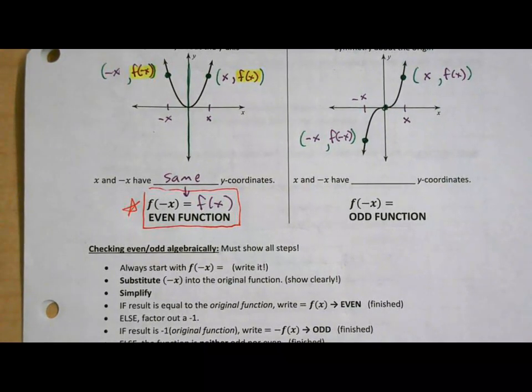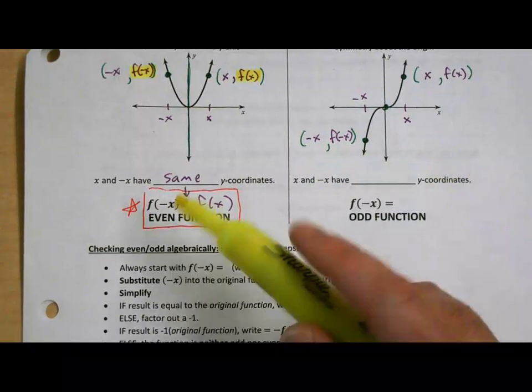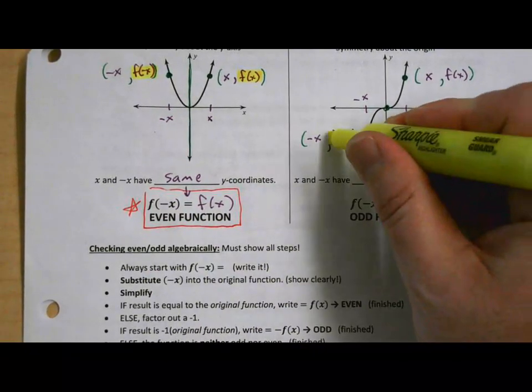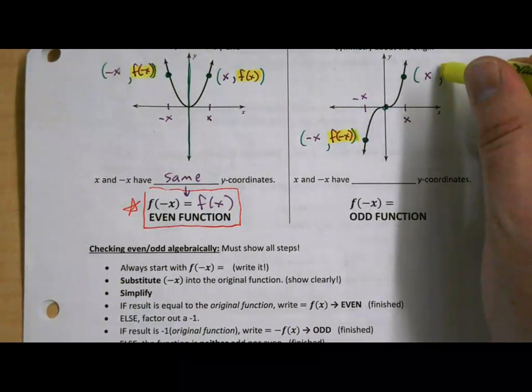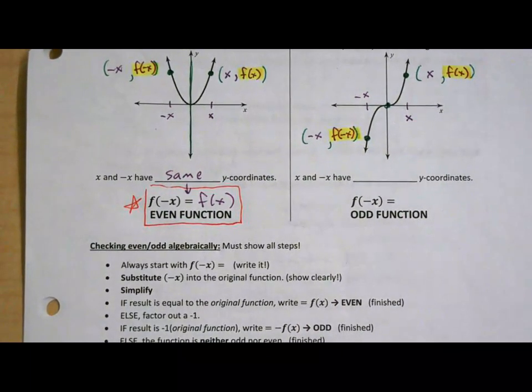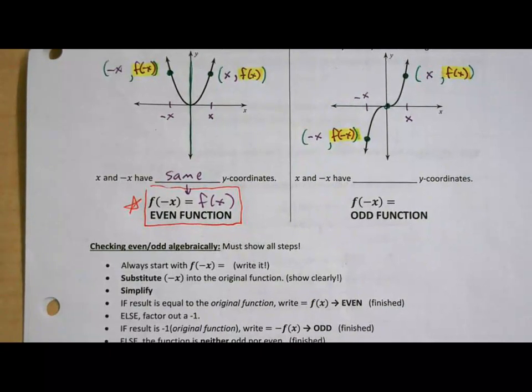But there's a key difference in this situation compared to what we just did. Are these y coordinates the same this time? They're not the same. What's different about them?